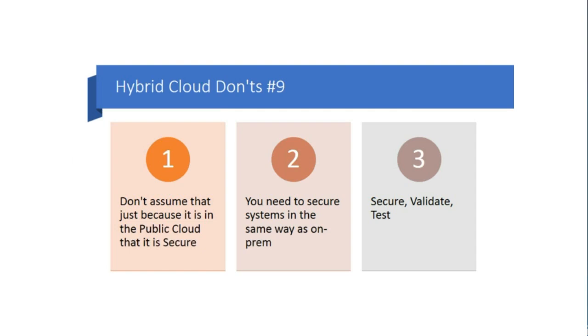All right, the next one. We talked about this a little bit earlier, but I'll just reinforce this. Don't assume that just because you spin up a VM in the cloud in an IaaS configuration, that it is more secure than what you've got in your on-prem infrastructure. All of that infrastructure needs to be secured the exact same way that you would for your on-prem infrastructure.